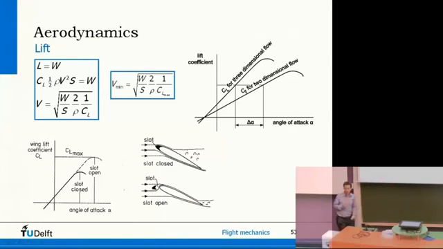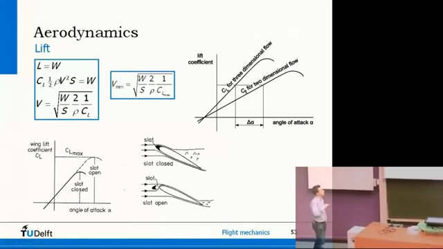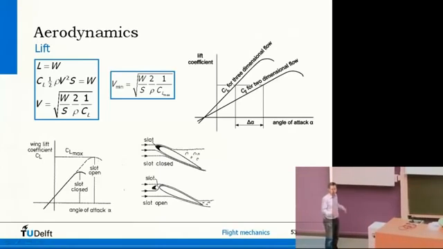In the usual scenario of flight, when you're just cruising, constant altitude, no accelerations and so on, then we have lift is equal to the weight. Therefore, CL half rho V squared S must be equal to the weight.